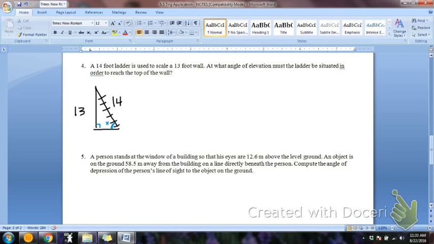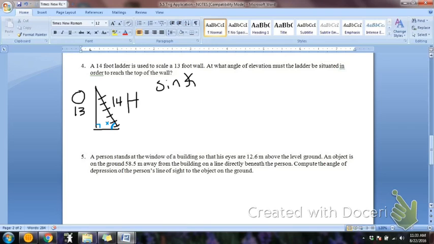Okay, so label your sides for me. What is 13? Opposite. Okay? What is 14? Hypotenuse. Hypotenuse, okay? So what uses opposite and hypotenuse, Chelsea? Sine. Good.